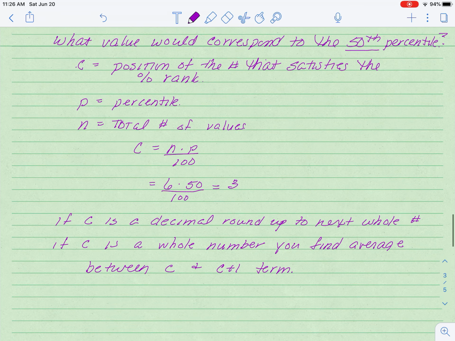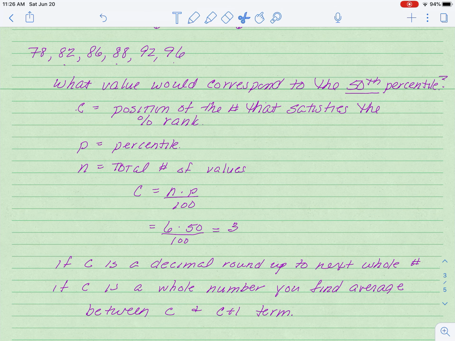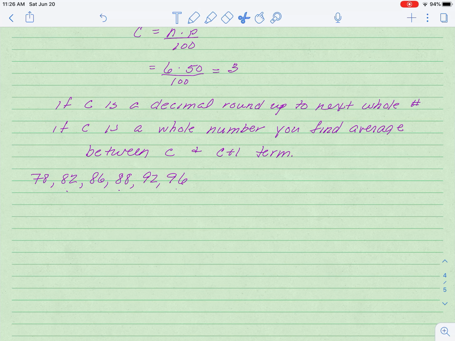Okay, so what does this mean? So let me grab our data set again and pull it down so we can look at it. Okay, so our C became 3. So if we look at it, here's the first number, the second number, the third number, the fourth number, the fifth number, and the sixth number in our data set. So 3 is right here, but because it's a whole number, what I have to do is take the third and fourth number and average those to find the value that will be the 50th percentile.